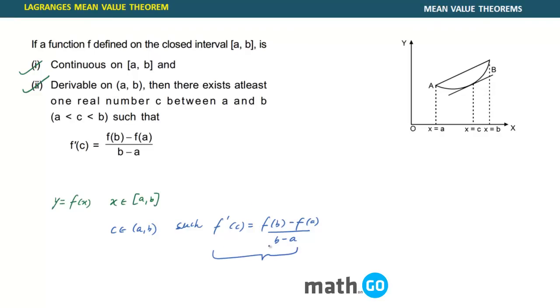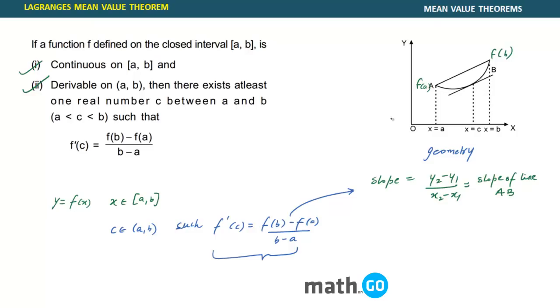Now again, if I have to convert this into geometry so that you can understand and remember this better, can you tell me what this particular value looks like? Doesn't it look like a slope formula? Slope is nothing but (y2 minus y1) by (x2 minus x1). This is exactly what is happening. This value is f(b), this value is f(a). So actually you get the slope of the line AB, which is formed by joining the boundary points.